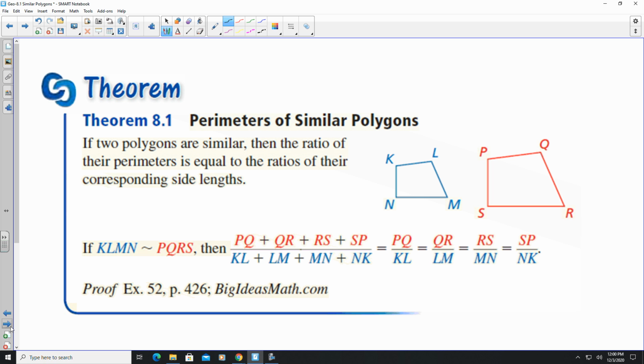So all you would have to do is add up all of the side measurements for one, divided by the perimeter of another, and then you would get the ratio of your perimeters between the two similar figures.